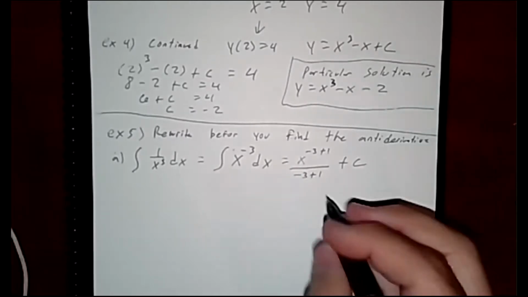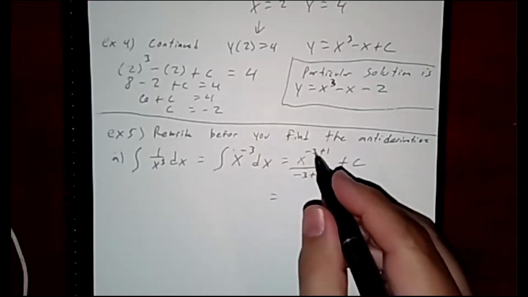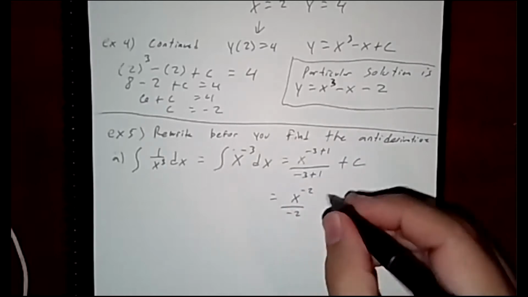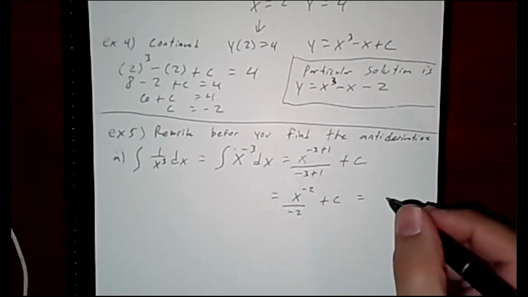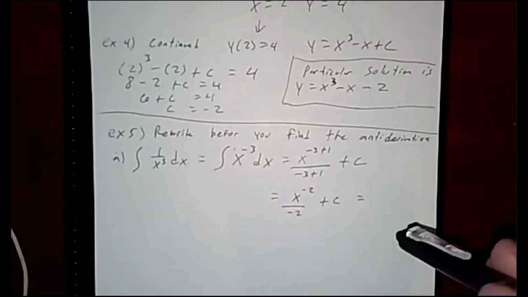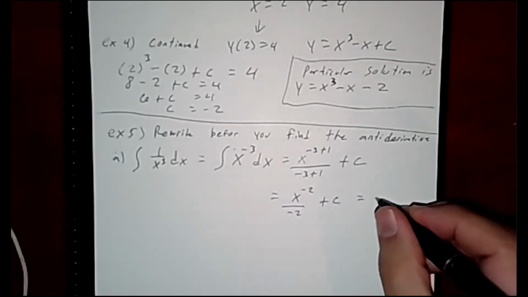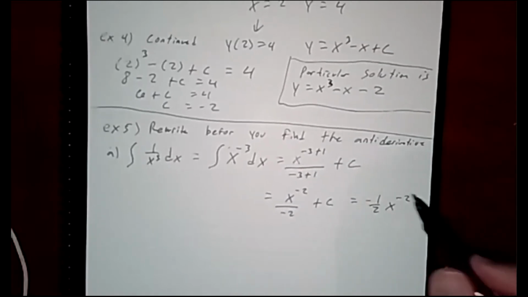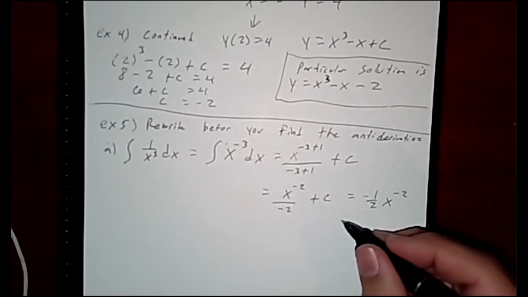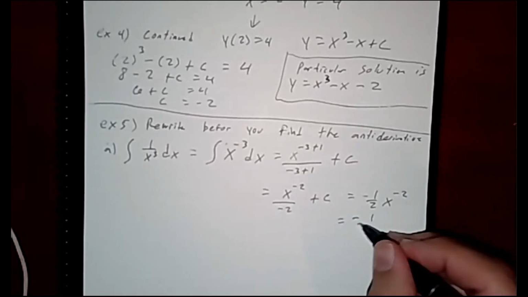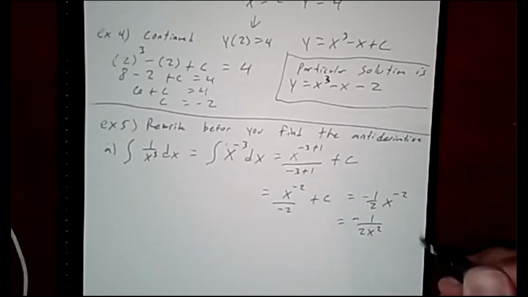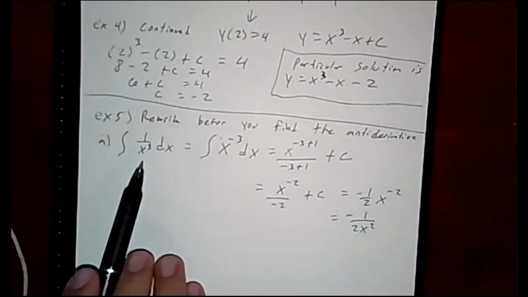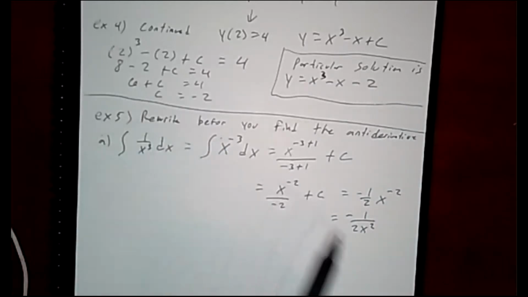So that will be -3 plus 1 over -3 plus 1, which will be -1/2 x^-2. But we still have to deal with that negative exponent. So you can bring it to the bottom. You can write it this way if you want. So 1 over x squared. Just like when I started, I brought this to the top, I can bring it back down. Okay.